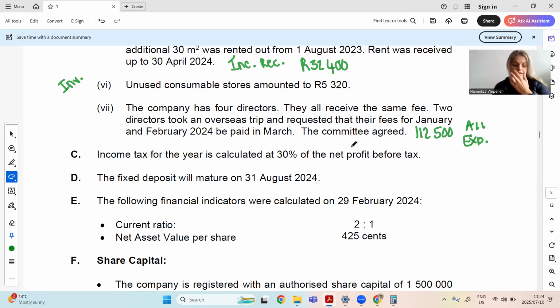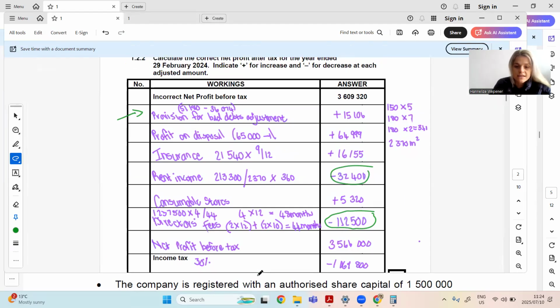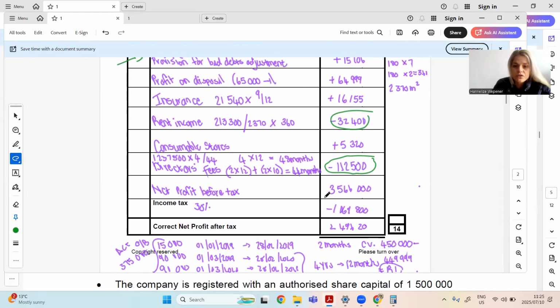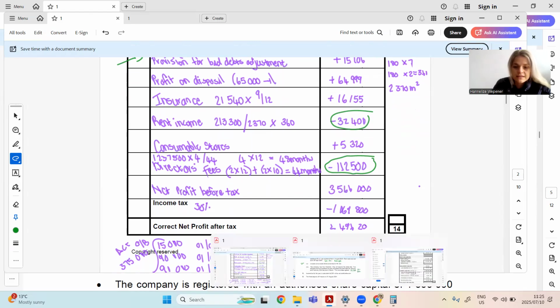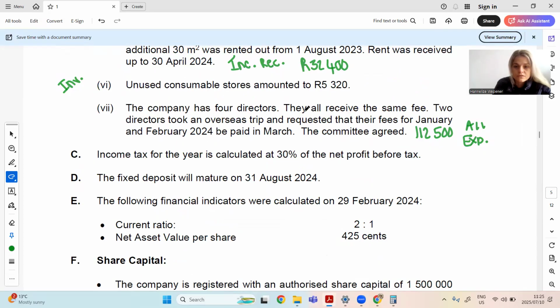Then we also had the income tax for the year. And the income tax for the year was calculated as 1,069,800. We now need to determine, do we still owe SARS or do they have to make a refund to us?